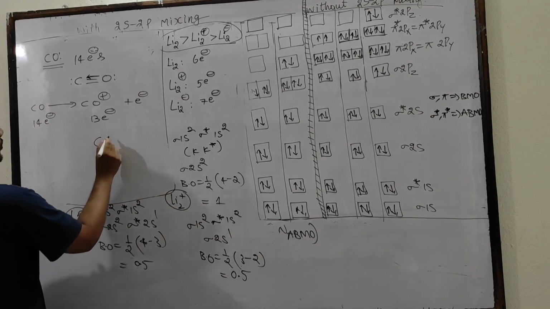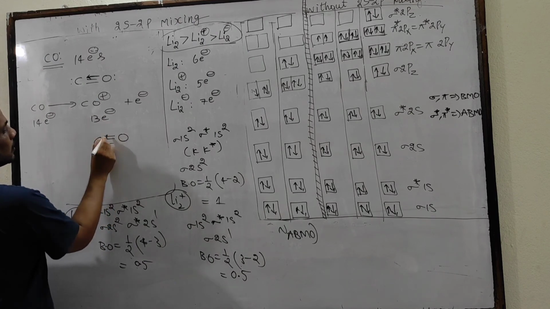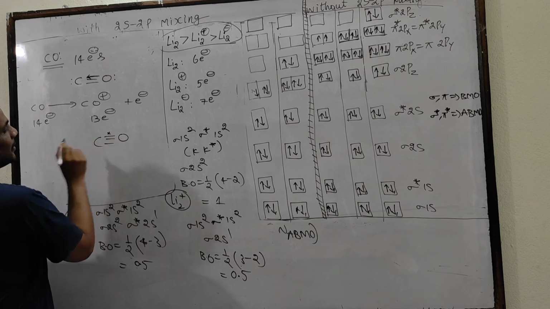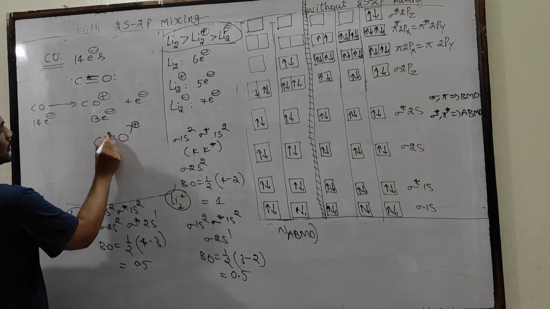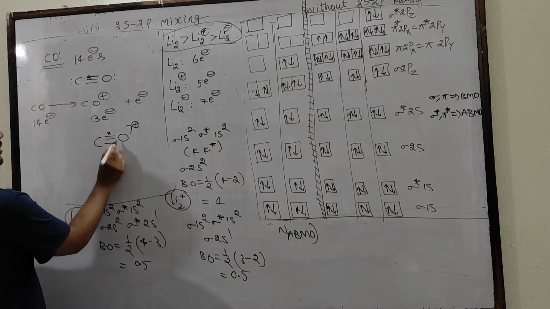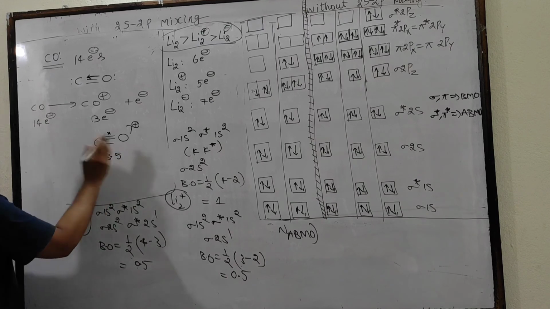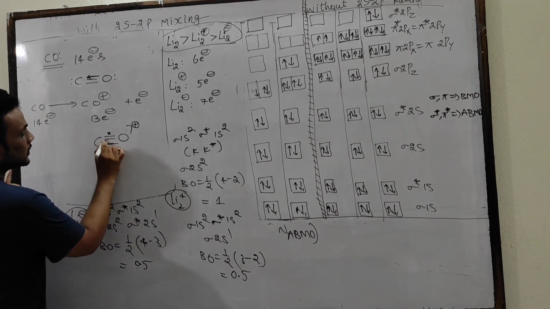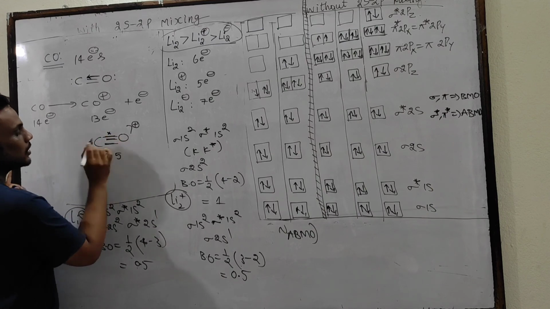In CO plus, after its formation, the extra electron is present between carbon and oxygen.